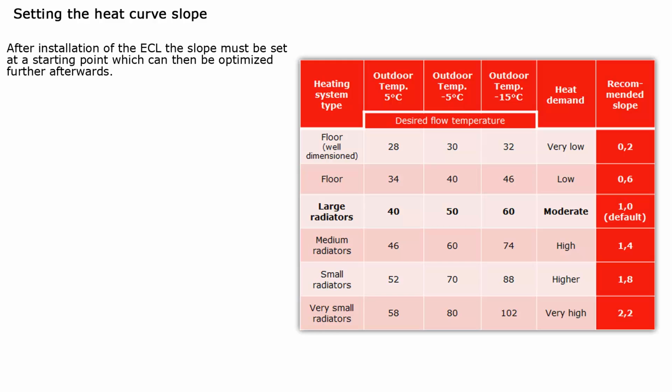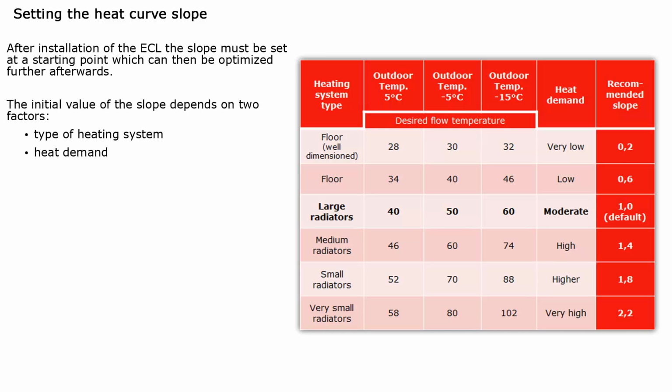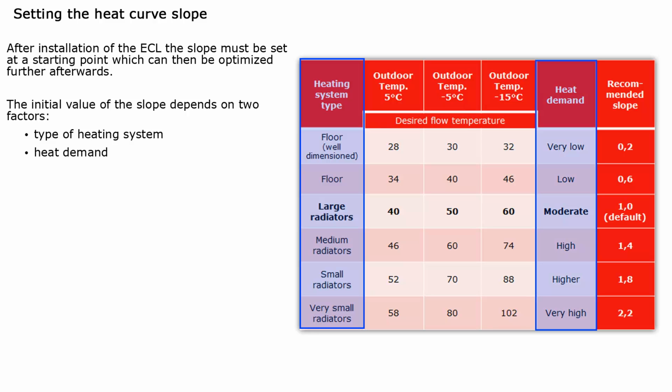After installation of the ECL Comfort controller, the slope must be set as a starting point, which can then be optimized further afterwards. The initial value of the slope depends on two factors. First, the type of heating system, floor heating or radiators, and second, heat demand, which depends on building insulation.